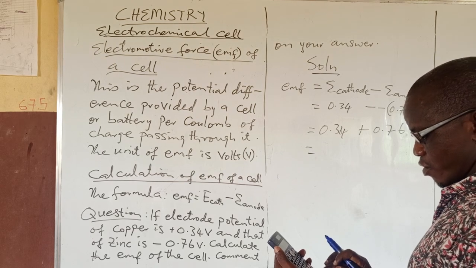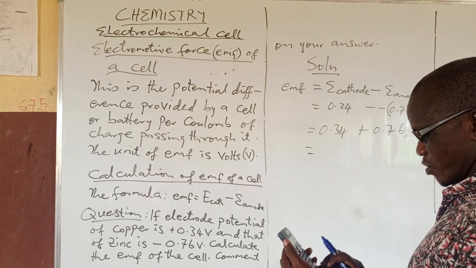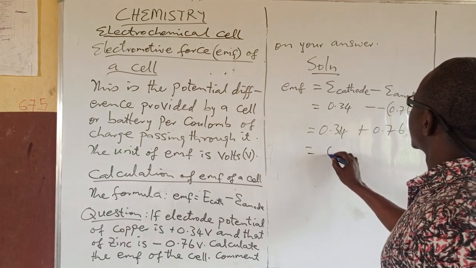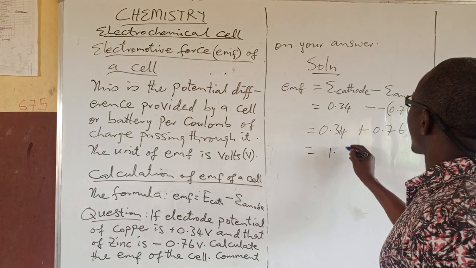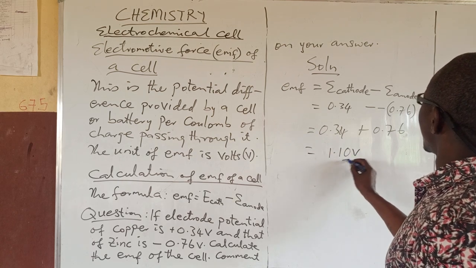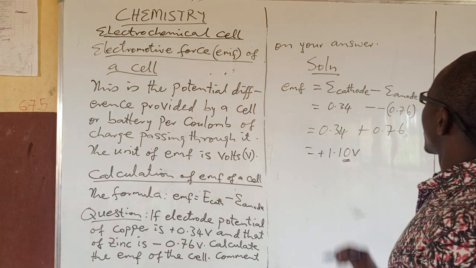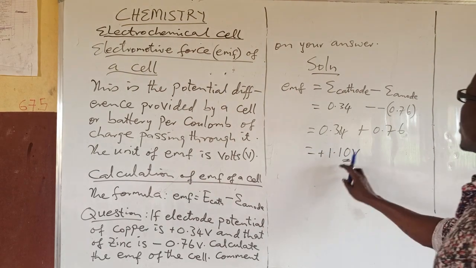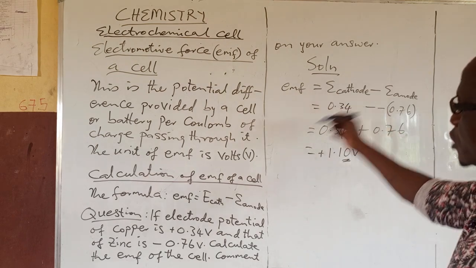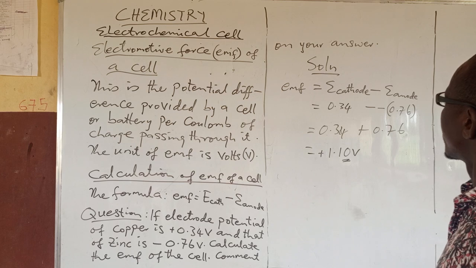0.34 plus 0.76, the answer is 1.10 volts. It is plus 1.10 volts. So now they said you should comment on your answer.